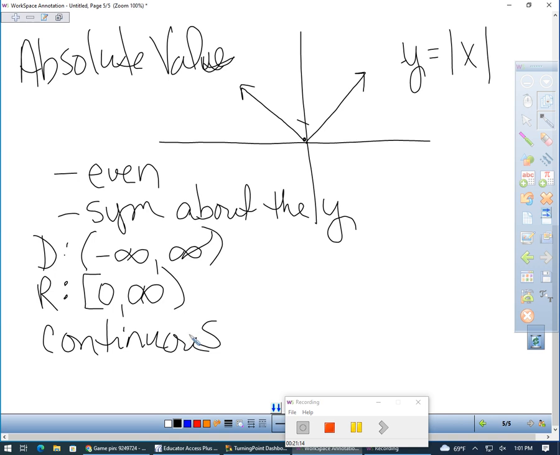Is this bounded above, below? Yes, this is bounded below. Again, because it can't go any lower than this.